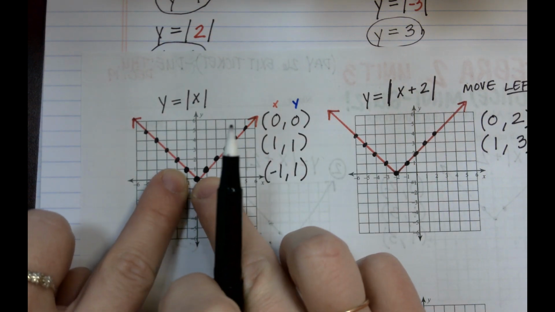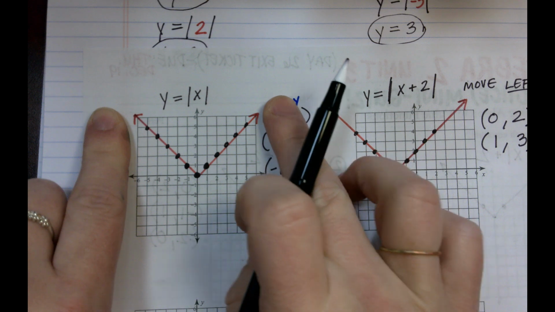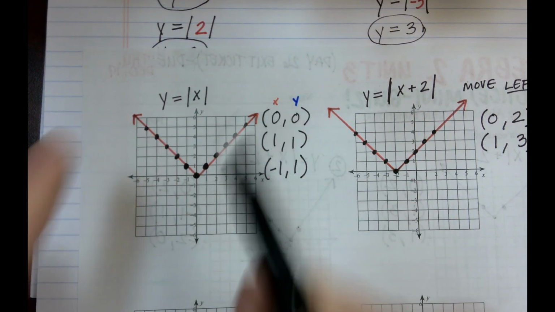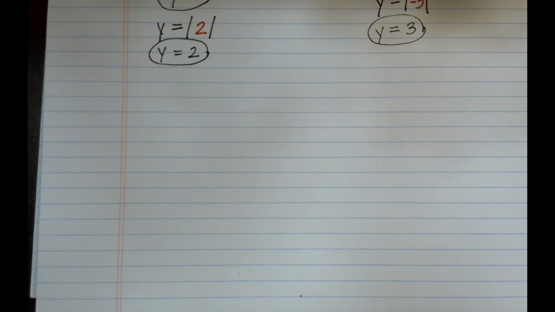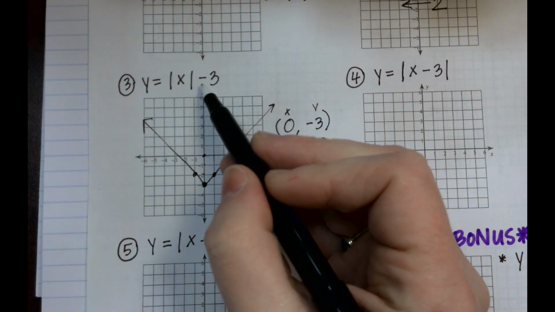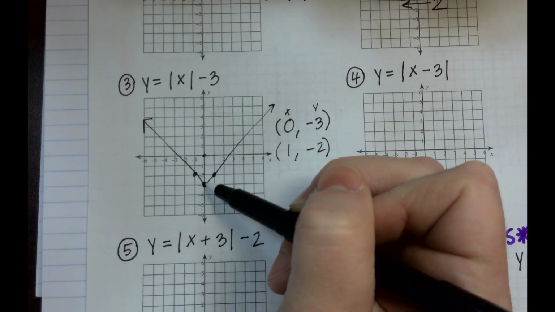This is what the original equation graph will always look like. Absolute value of x will always have this exact shape. And since it said go down 3, I just took that shape and moved it down 3 spaces.